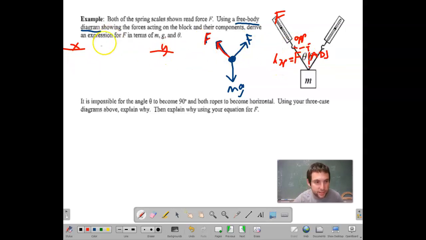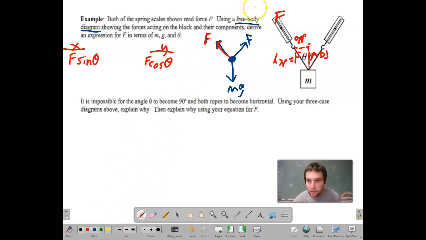Opposite and hypotenuse is sine, so magnitude F sine theta. In the y direction, we have the adjacent and the hypotenuse, so that is going to be magnitude F cosine theta. Okay, so we're making some headway.